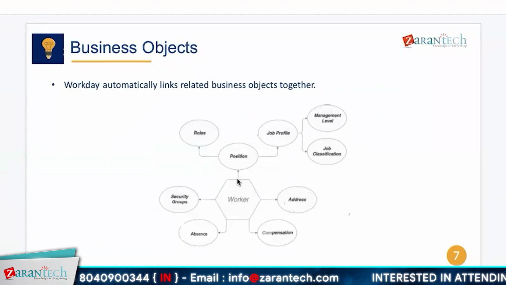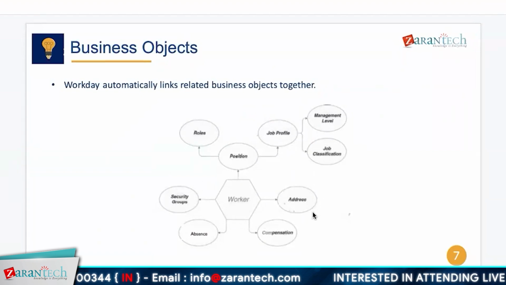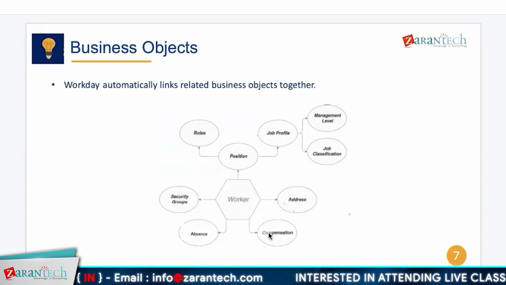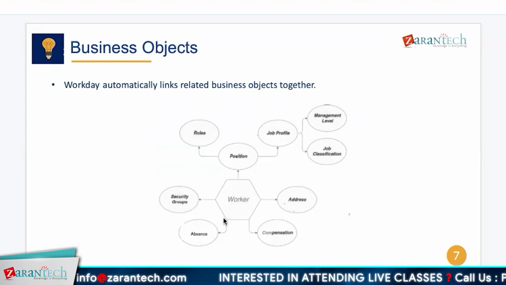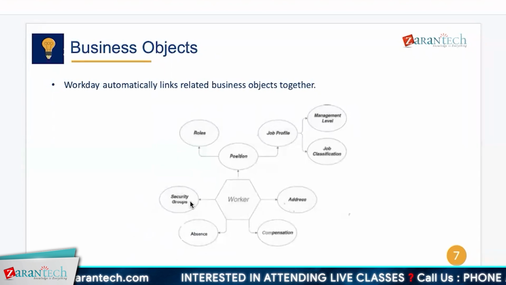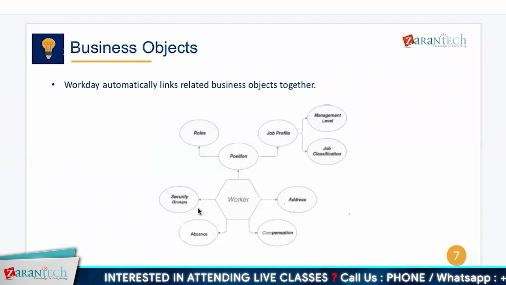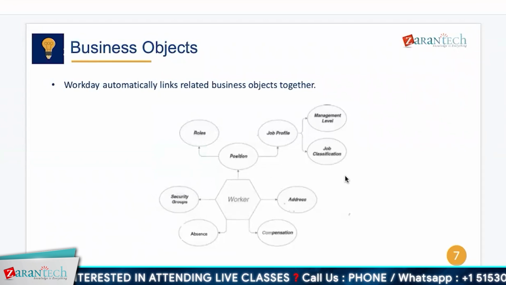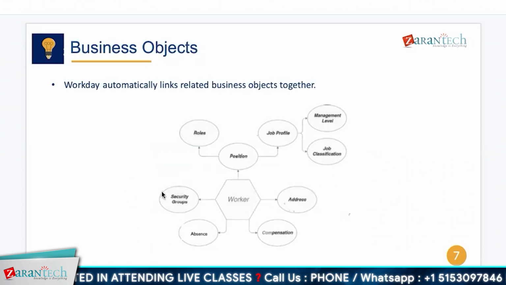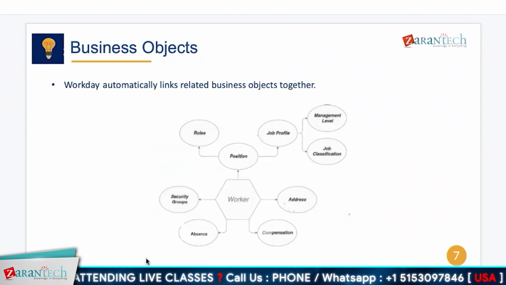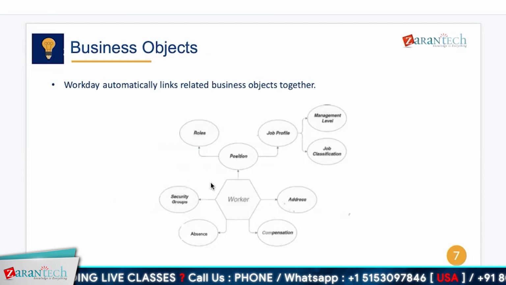So for example, if a worker is one object, there is a certain compensation that worker has. There is a certain number of absences or leaves available. He or she must be part of some security group based on which he or she will have access in the system. What I can or cannot see is primarily based on the security groups I'm part of.